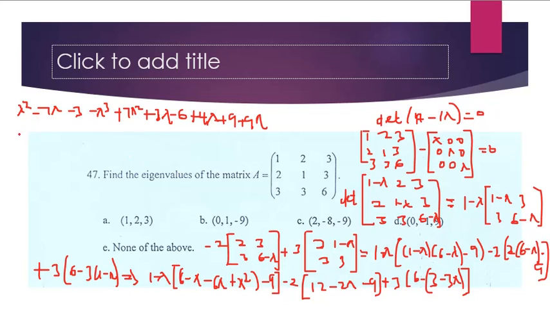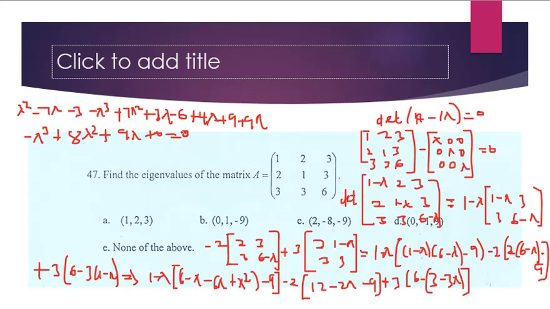So when you simplify this further, we have minus lambda cube over here, so we have minus lambda exponent 3, sorry. This plus that will give us 8 lambda squared, plus this by that will give us 9 lambda, and then this minus 3 minus 6 positive 9 will give us 0.